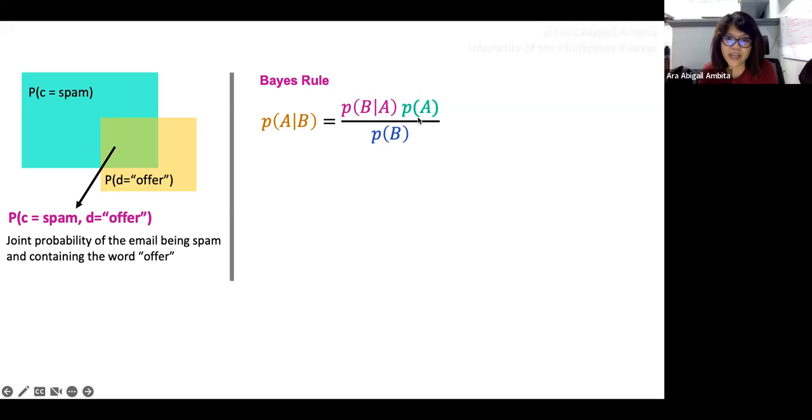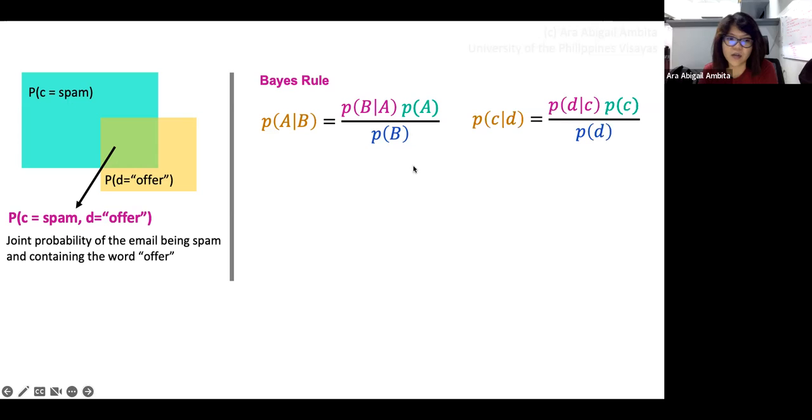And the P of A and the P of B are independent probabilities. So P of A is the probability that the hypothesis is true even before some evidence, or even before we have collected the data. And then the P of B is the probability of observing the evidence.